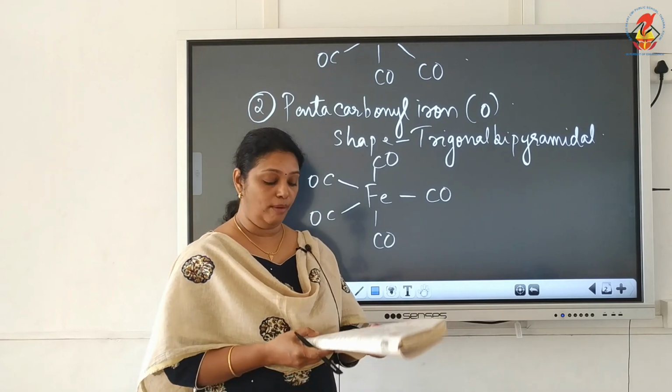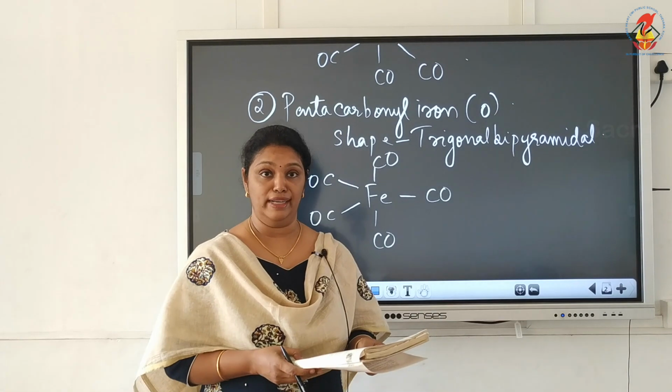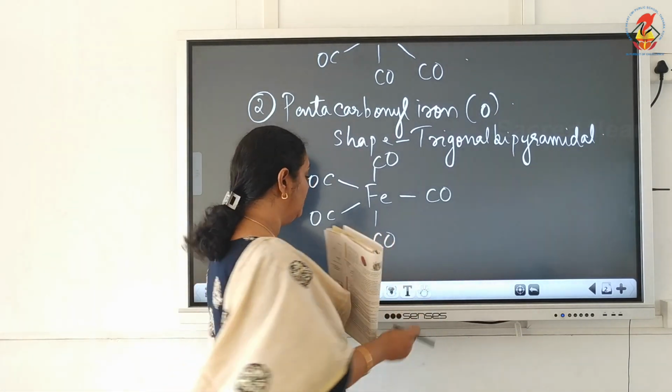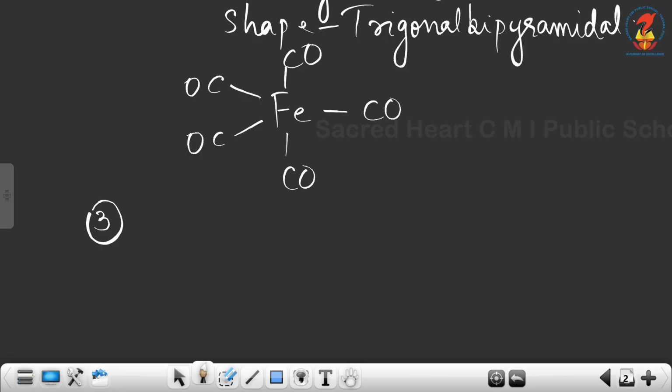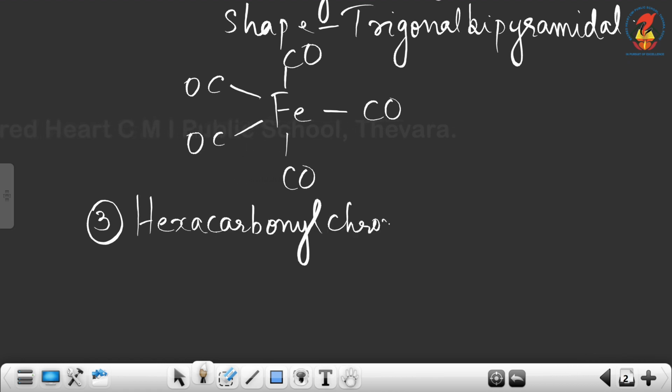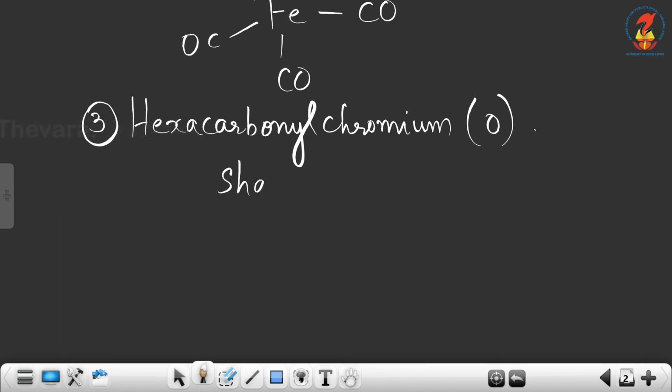Now the third metal carbonyl that you have to study is hexacarbonyl chromium(0). The shape of this compound is octahedral.